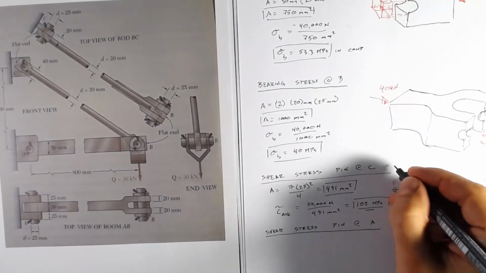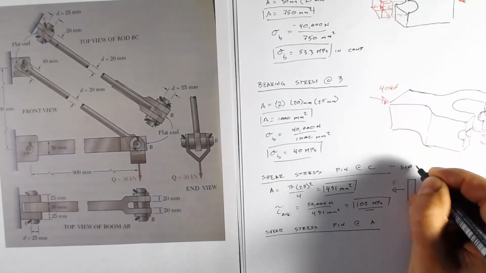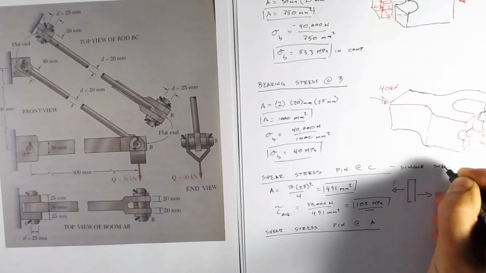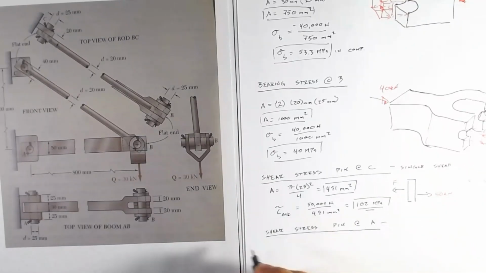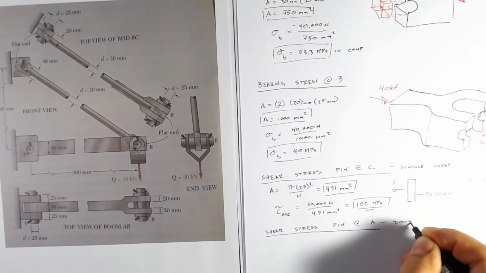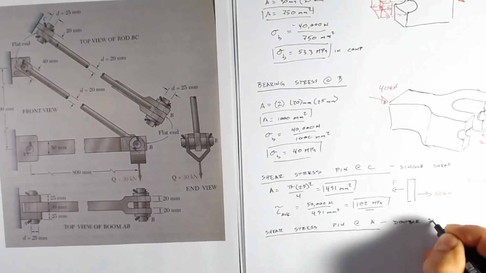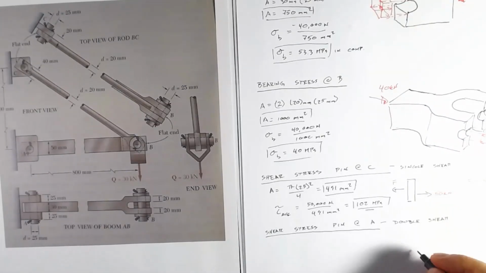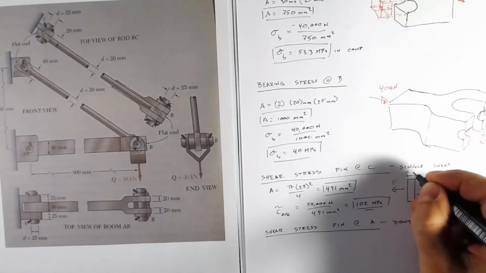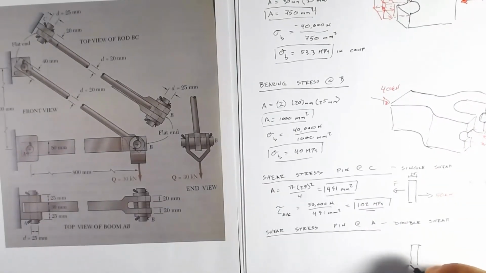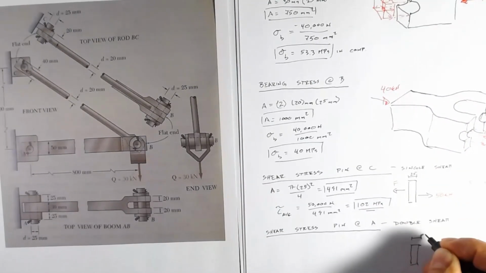So with pin C, it was single shear, and shear at A is double shear. So our pin, this one being 25, again, same size pin, 25 millimeters.